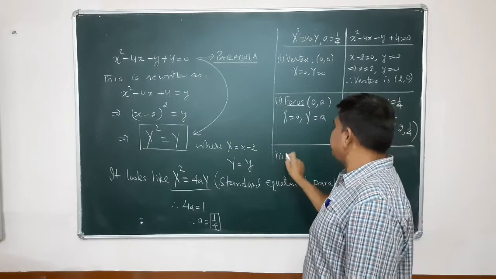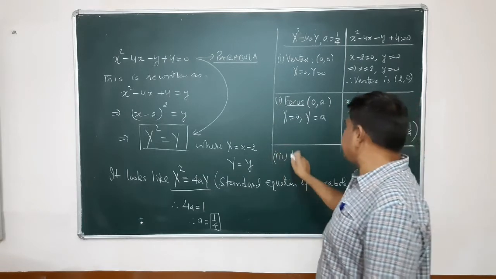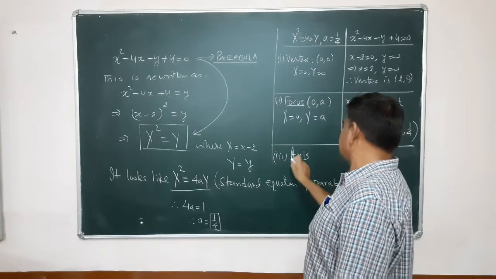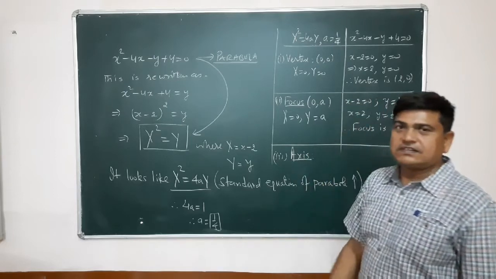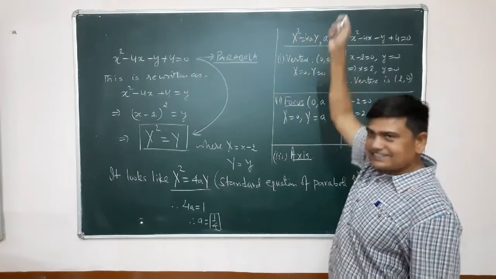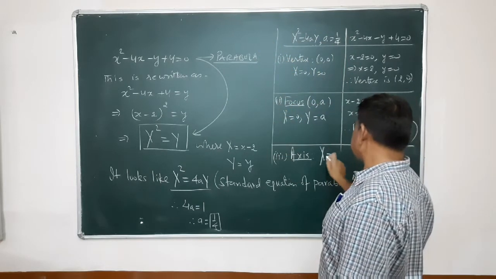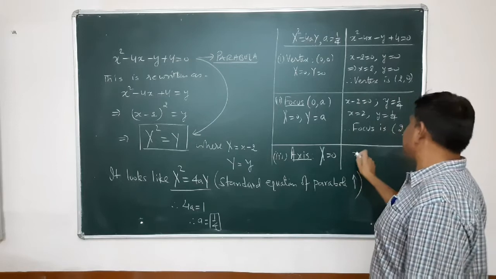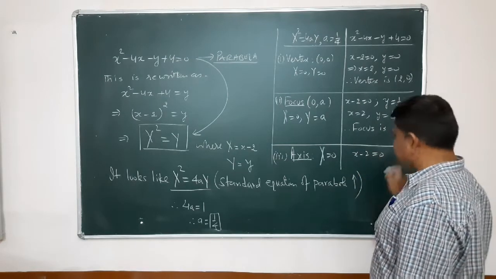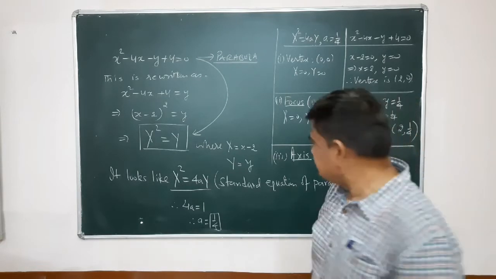Number 3, axis. Upward, so it is parallel to the y-axis. So X equals 0 means here x minus 2 equals 0. This is the line.